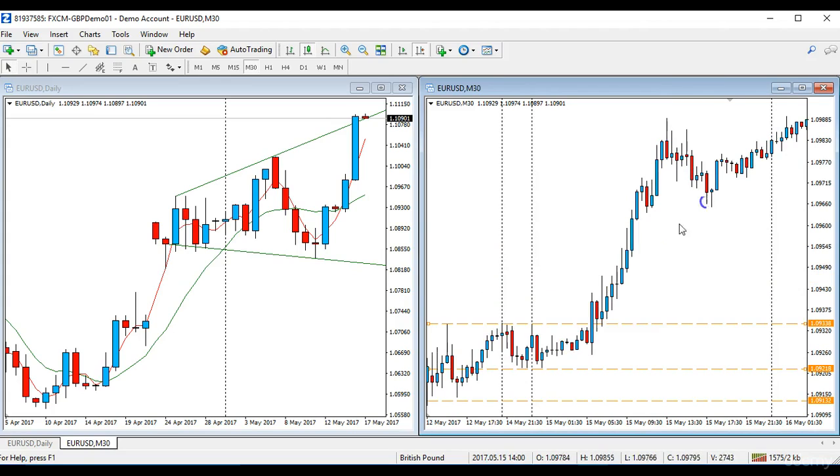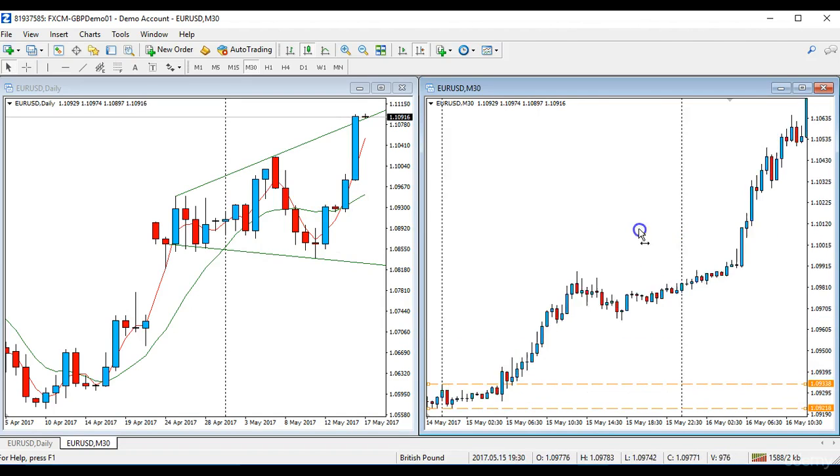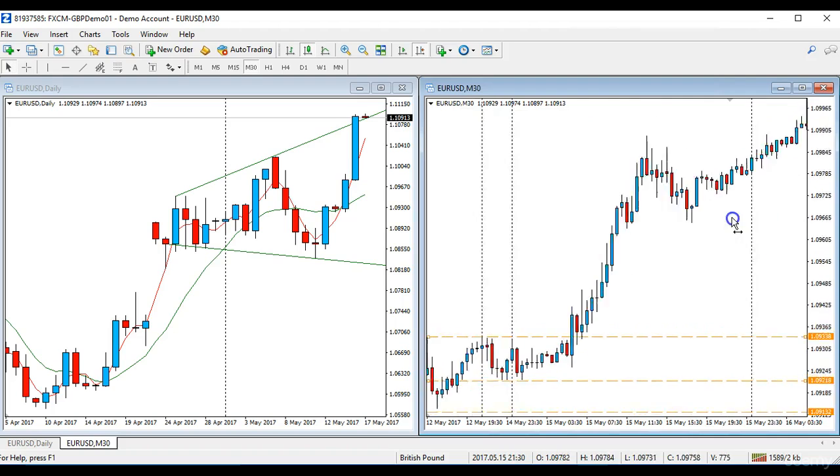It's about 5 to 6 a.m. Price bursts through this level here, and this is when we're expecting this to happen. We've already seen the setup on the daily chart, and this is where we start to look for low risk opportunities to get into this move.